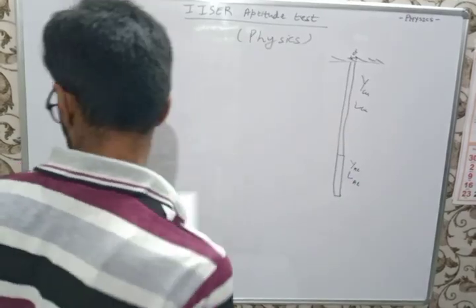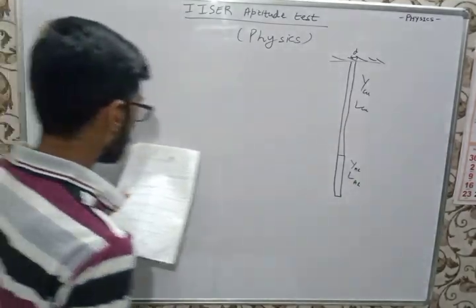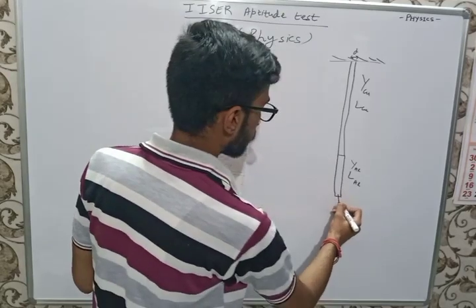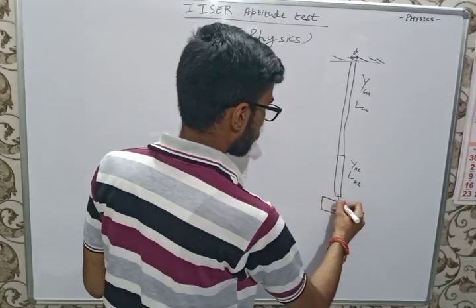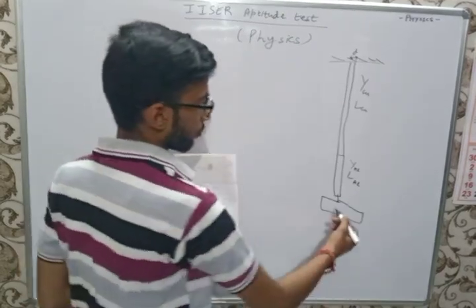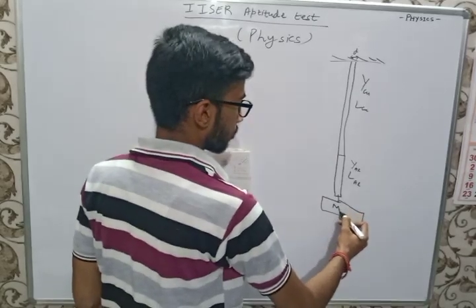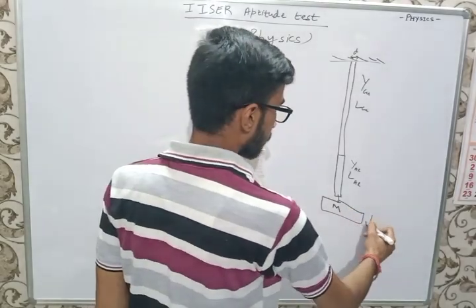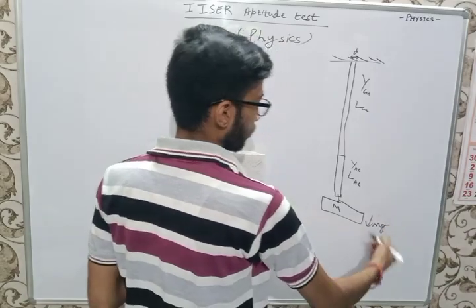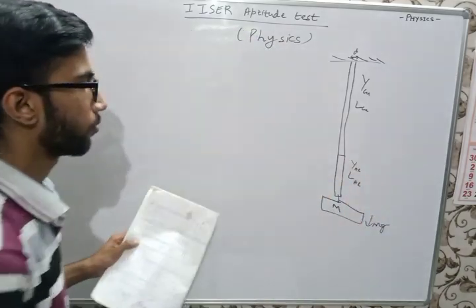Now you have applied a load, so it is connected to some load, say M. So what is the value of load? It is simply mg. It is the load that will act downward.